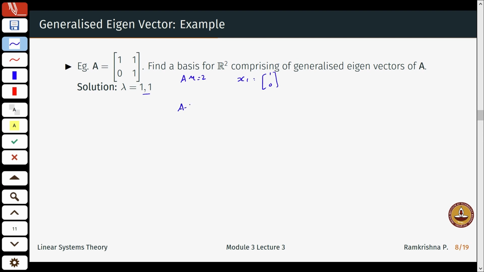So, can I find the solution to this (A minus lambda I) times x2, which is x1. Okay. So, now I know what x1 is. Can I find what x2 is from this? And I can just solve this to find x2 as 0 and 1. Okay. So, this 0 1 and 1 0 are generalized eigenvectors of this matrix A corresponding to this eigenvalue 1.